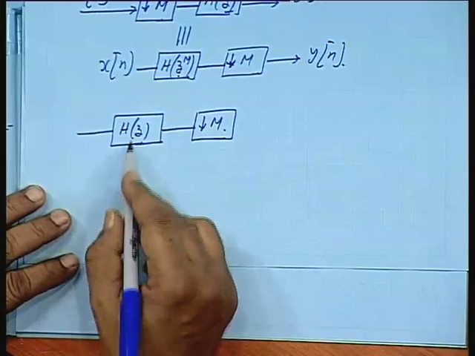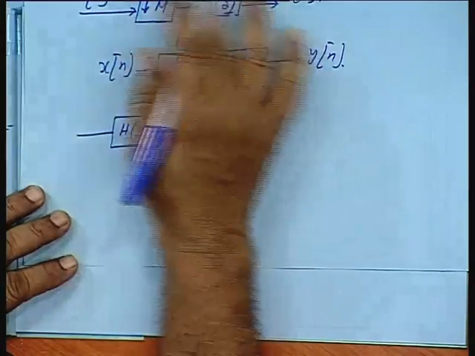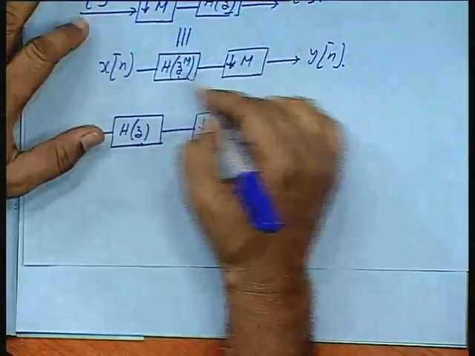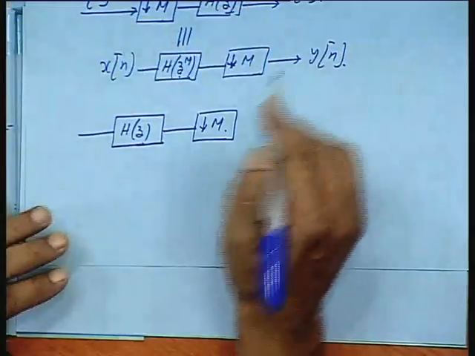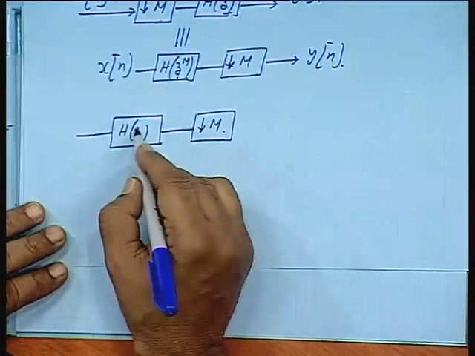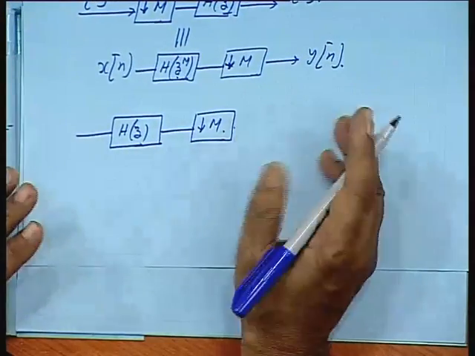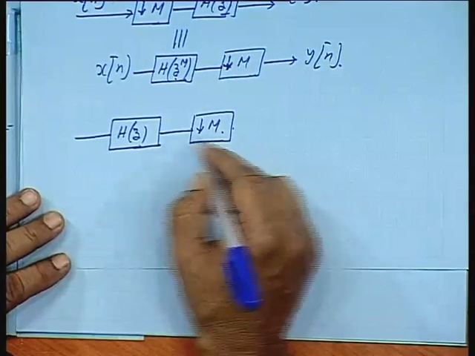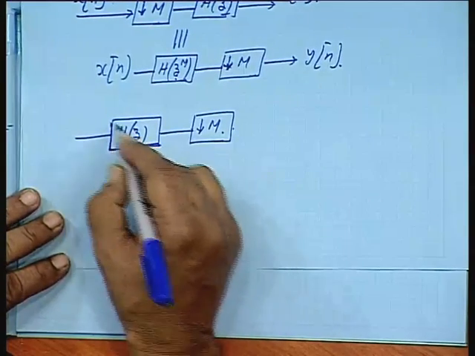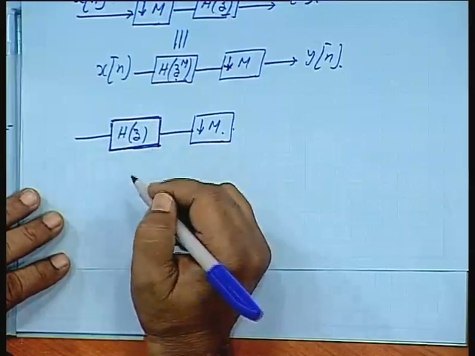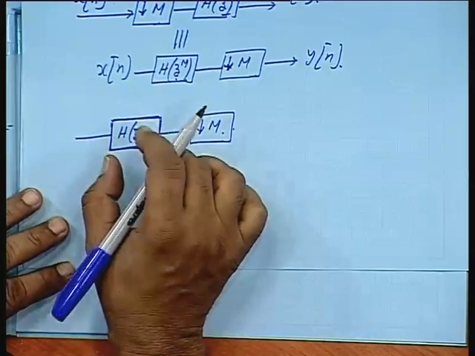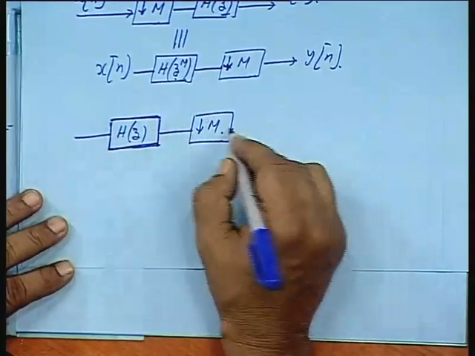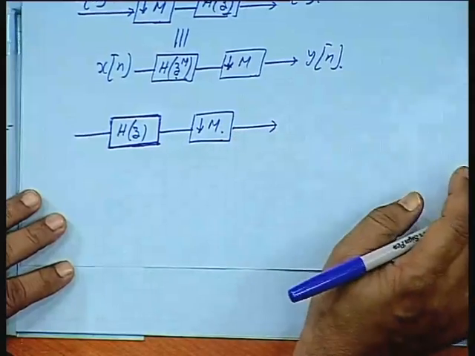Okay. Mind you, this Hz has got nothing to do with this. This was only an equivalence relation. Okay. Now we are talking about a decimator. Whenever we want to decimate the sequence by a factor m, we must check whether aliasing takes place or not. So, we have a band limited filter. So, this is a low pass filter Hz. Okay.